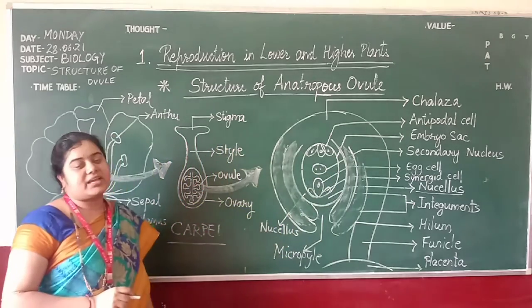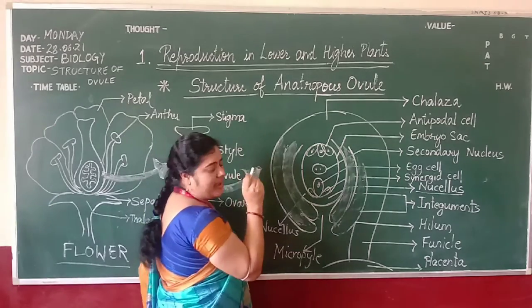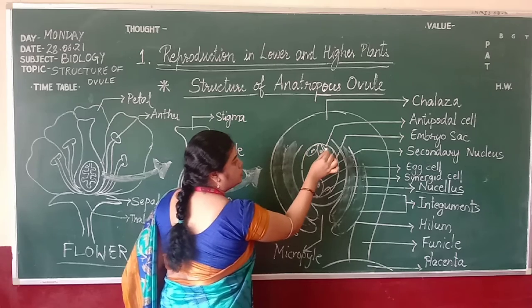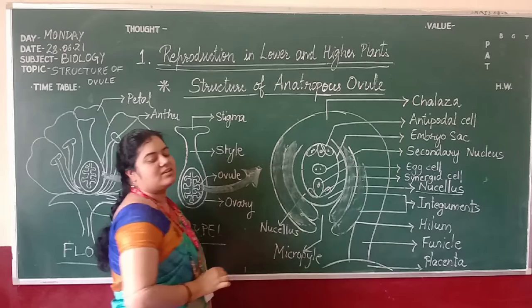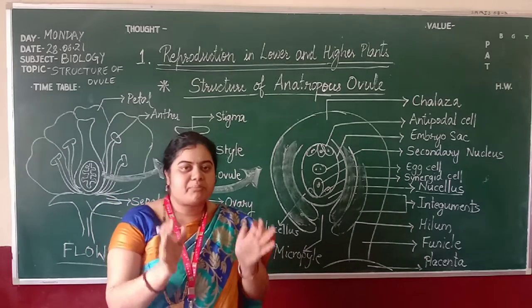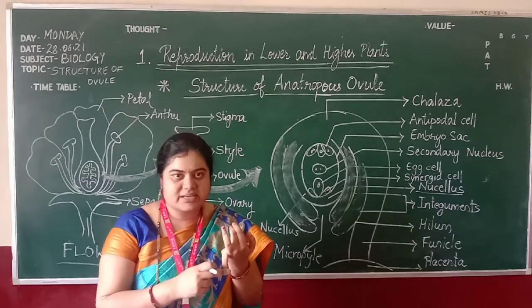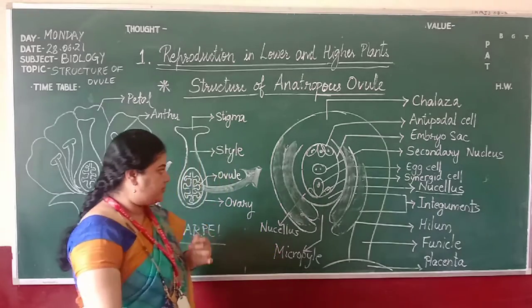This embryo sac is a 7-cell structure. And if I count the dots which I have drawn, 1, 2, 3, 4, 5, 6, 7, 8. It is an 8-nucleate structure.